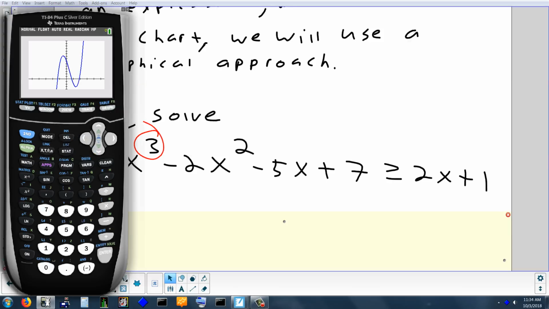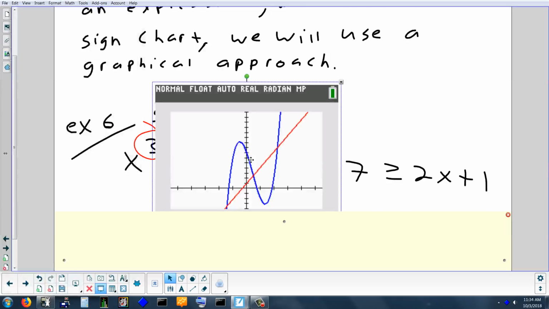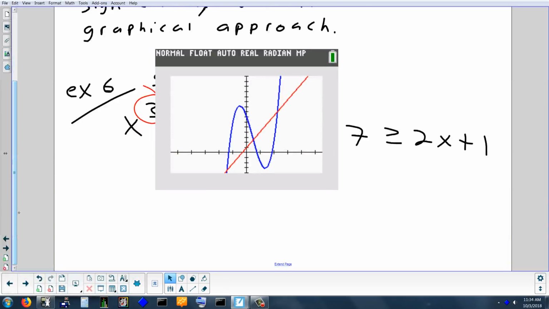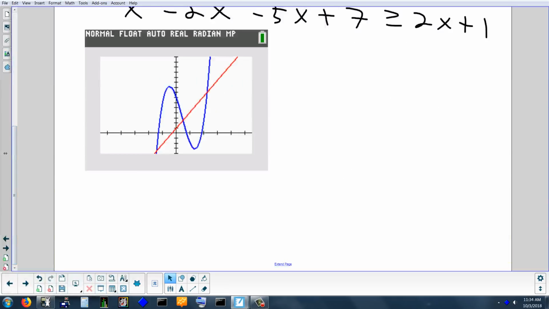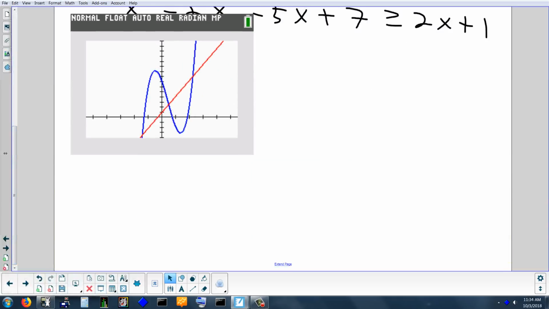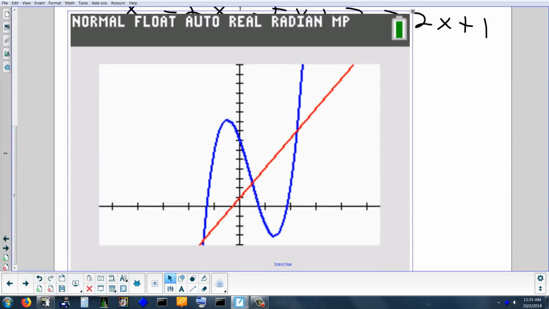Alright, so there's the graph in blue. There's the graph in red. Okay, so let's look at it. How many sections, if you look at that graph, does it look like the graph in blue is above the graph in red?